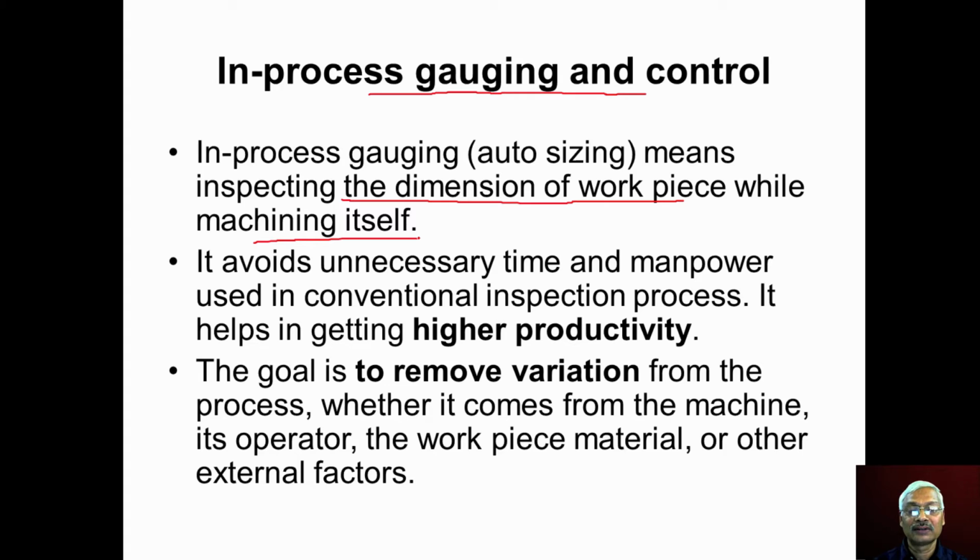If the size is okay, then he will remove the workpiece and put new raw material. If the size obtained is not to the correct extent, or if there is extra material, again he will start the machine and give a few more cuts. So in the process, a lot of time is wasted, and the cycle time will increase.